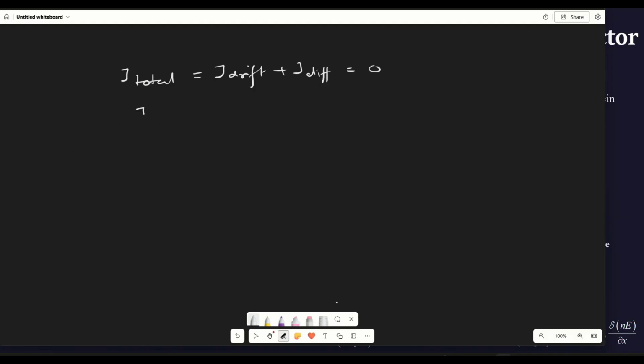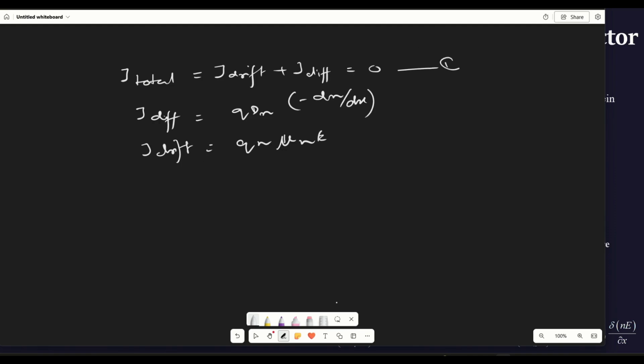For electrons, we have the diffusion current as q D_n dn/dx, and the drift current given as q n mu_n E. From this equation 1 we can write q n mu_n E minus q D_n dn/dx equals 0, right?